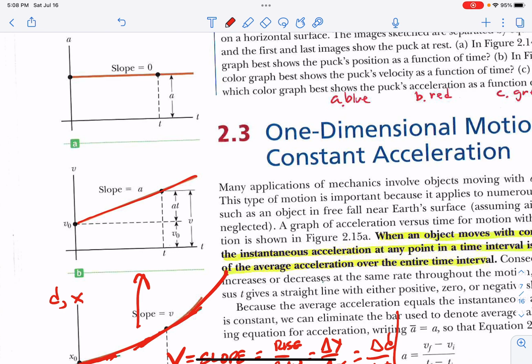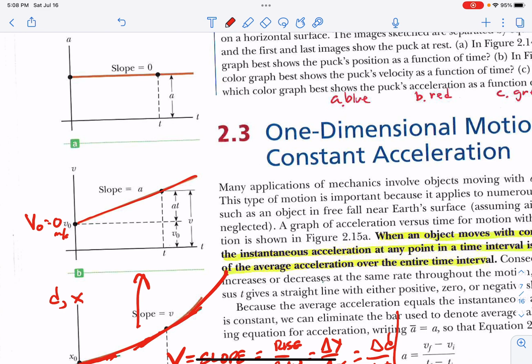The acceleration is not getting bigger, the acceleration is not getting smaller. If we had started with a zero velocity, if v sub 0 happened to equal 0 meters per second, that means each time interval we increase by the same amount of speed.